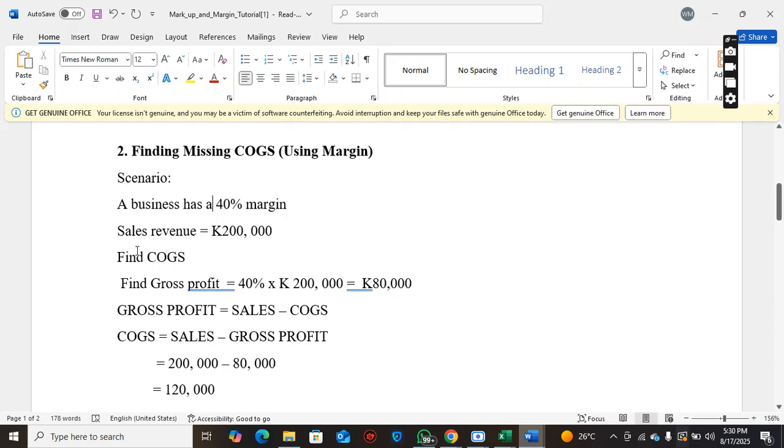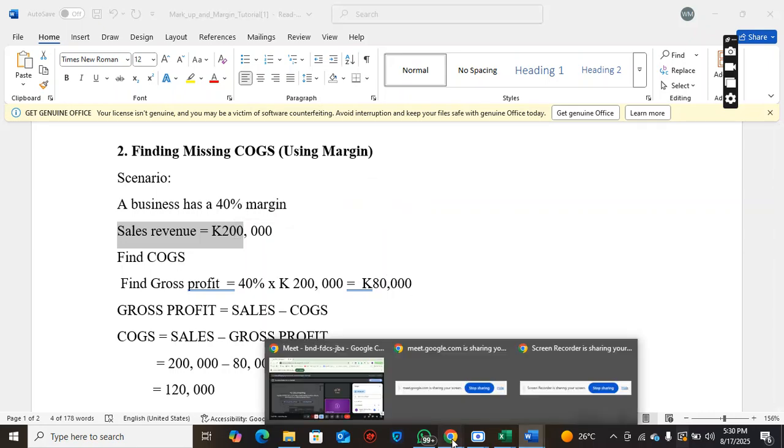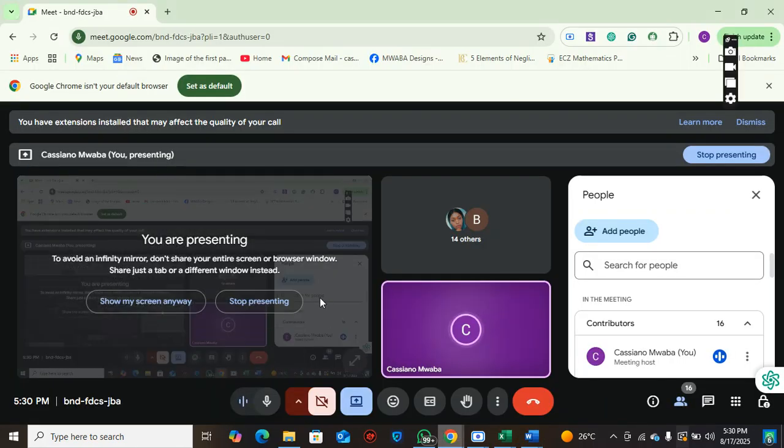For finding cost of goods sold, you need to use the margin through the sales revenue. Yes, remember this trick here. Margin goes hand in hand with sales revenue. Markup goes hand in hand with cost of goods sold. Margin moves with sales revenue. Markup moves with the cost of goods sold. I think if you put it like that, things will become more clear.